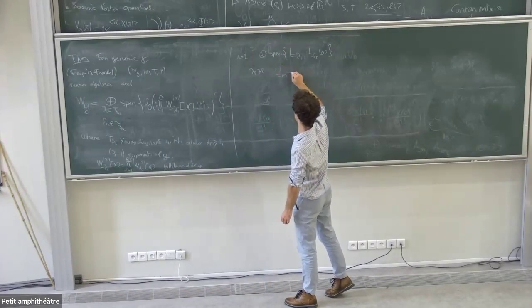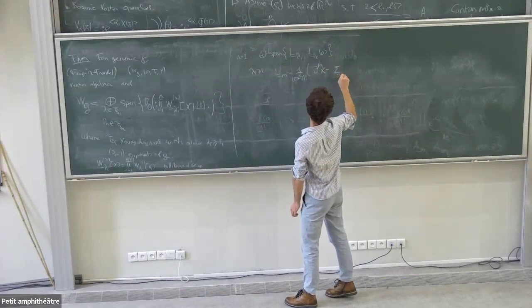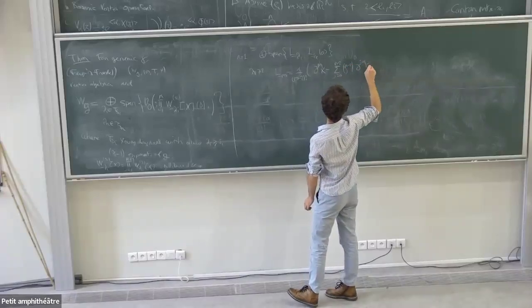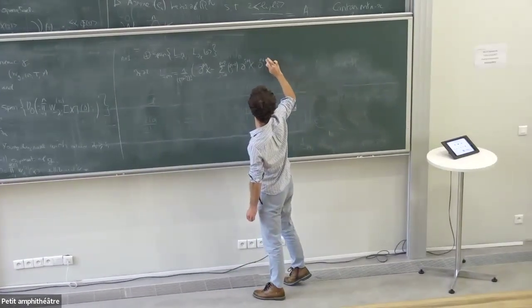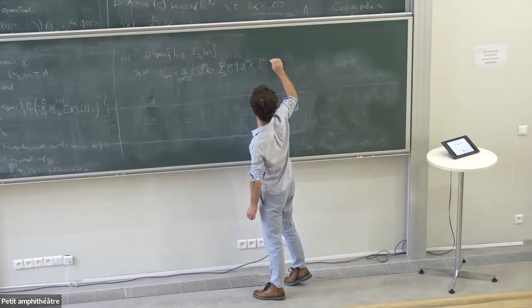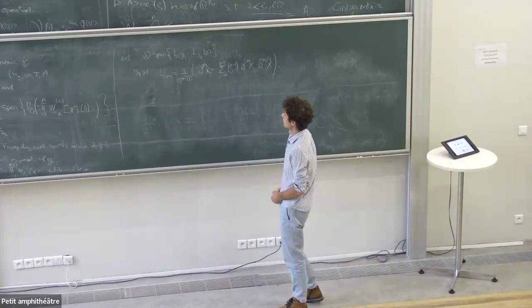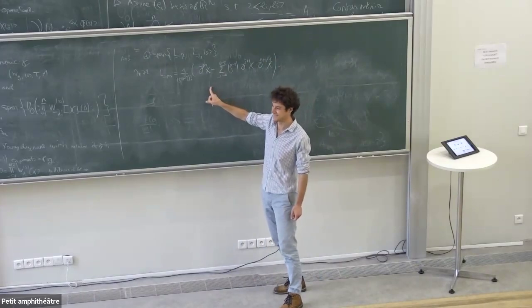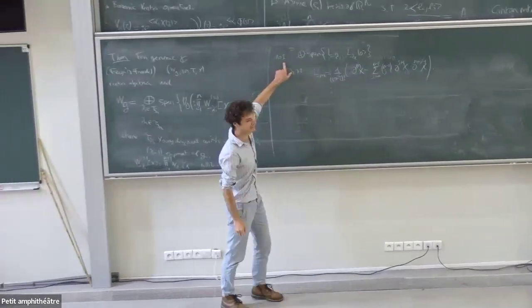And this L_{-n} is just the usual Virasoro. So it's just to say you have some differential operators in X. In one case you have this.